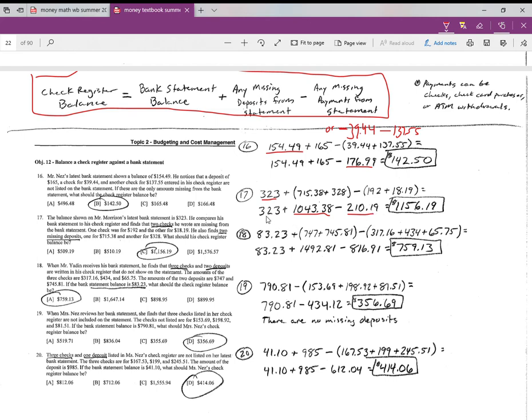So then I take the 323, which was on the bank statement. We're going to be getting 1,043.38 into the bank soon. So we've deposited them, they're just not showing up yet. But then we're going to be losing the 210.19 from these two checks. So we go 323 plus 1,043.38 minus the 210.19, and we get 1,156.19.